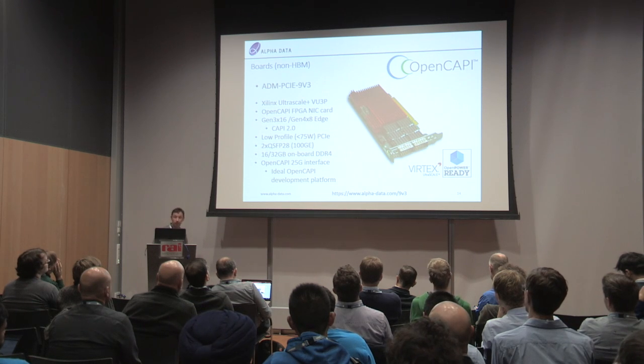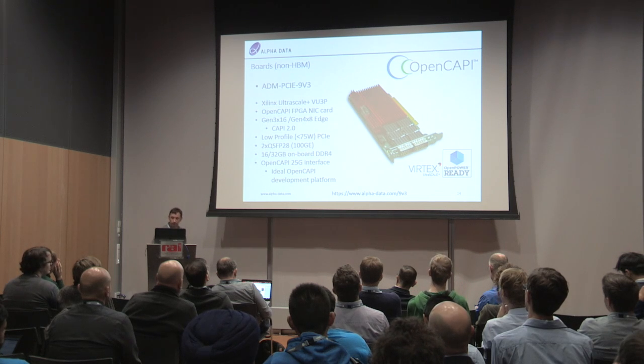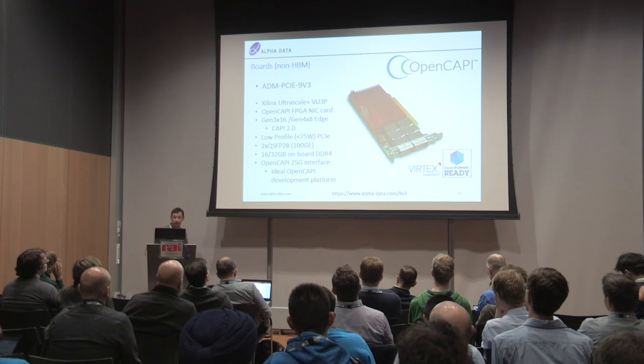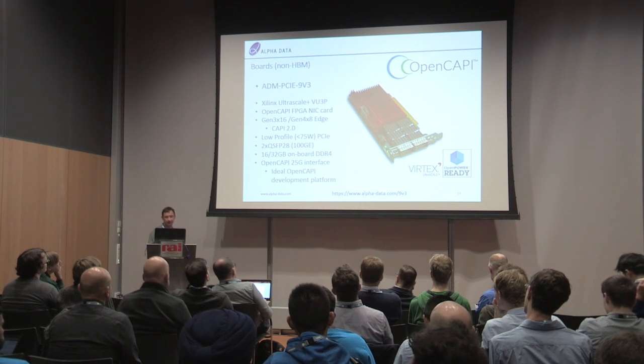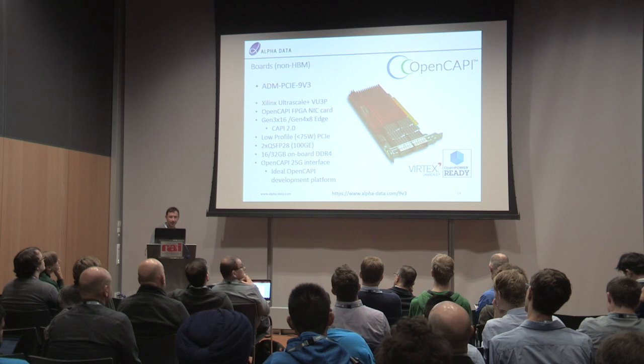It has two QSFP28 front connections, which are each capable of 100 gigabit Ethernet, and this board has onboard DDR4 and has the OpenCAPI interface at the back. And we think there's quite a good match between the 2 by 100 gig Ethernet at the front and the 25 gigabit per second capability of OpenCAPI.